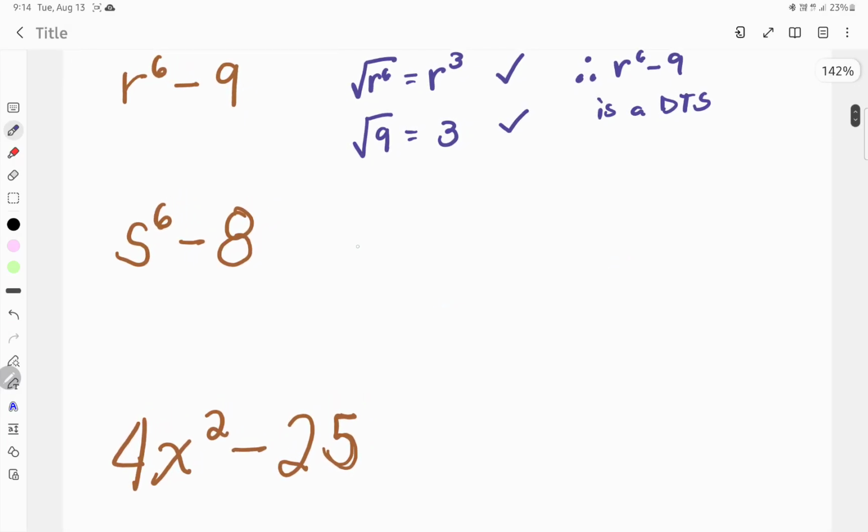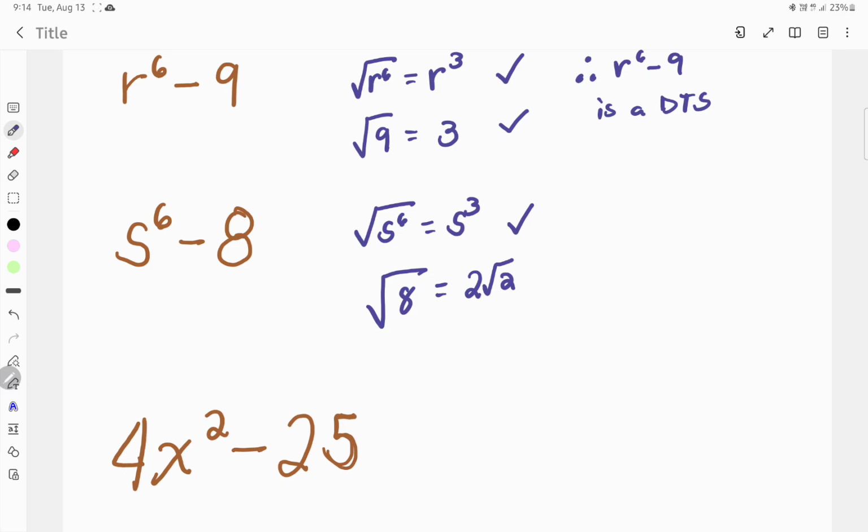Now, let's go here. We're checking s to the 6 minus 8. It's a binomial. I want to check s to the 6, and that would be s cubed. And then we have the square root of 8. We cannot get an integral square root of 8. The answer is 2 square root of 2.